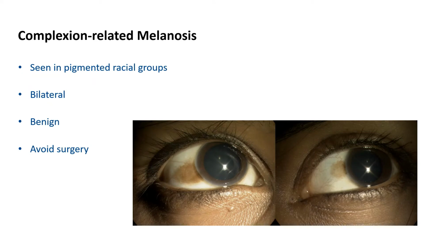And we see this in people from pigmented racial groups, such as South Asians, Afro-Caribbeans. This kind of pigmentation is often bilateral. You see areas of flat, rather bland pigmentation on the ocular surface in both eyes. This is a benign condition, and as a rule, I tend to avoid surgery as much as possible.